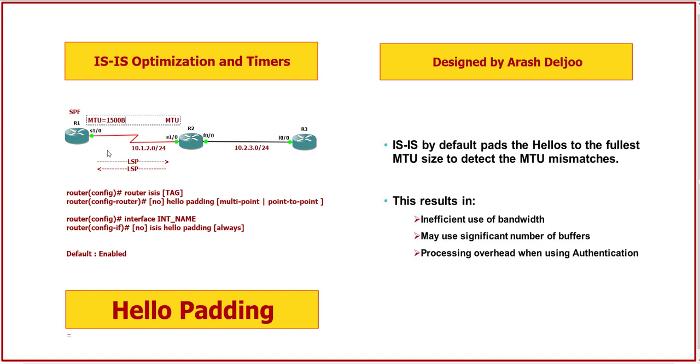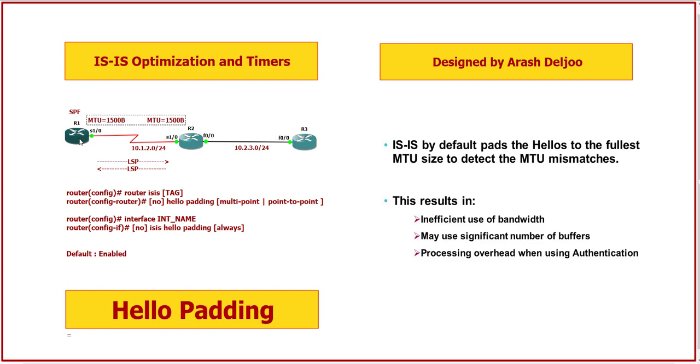And why do we need to use the same MTU on both sides of a link? Because we have a consideration in ISIS. In ISIS, every router should try to use full LSPs to use resources better.